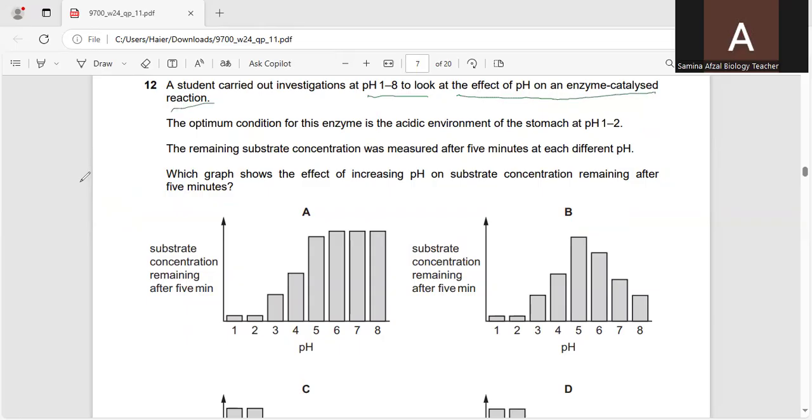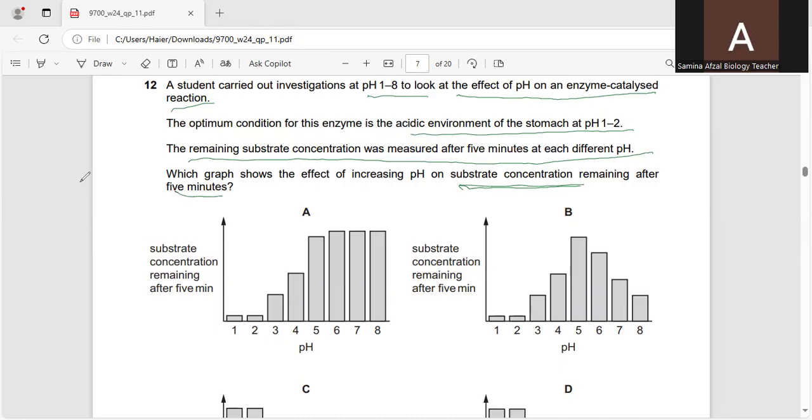The optimum condition for this enzyme is the acidic environment of the stomach at pH 1 to 2. The remaining substrate concentrations were measured after 5 minutes at each different pH. Which graph shows the effect of increasing pH on substrate concentration remaining after 5 minutes?